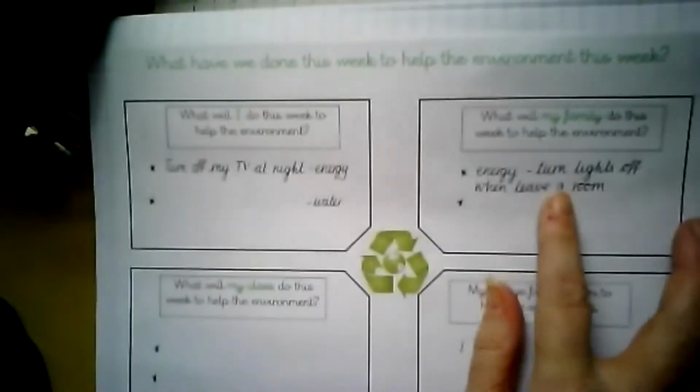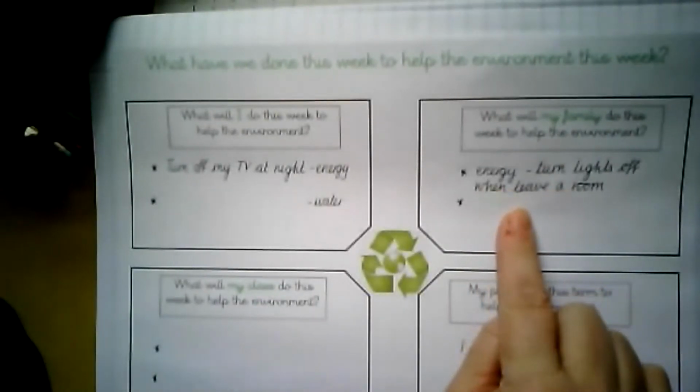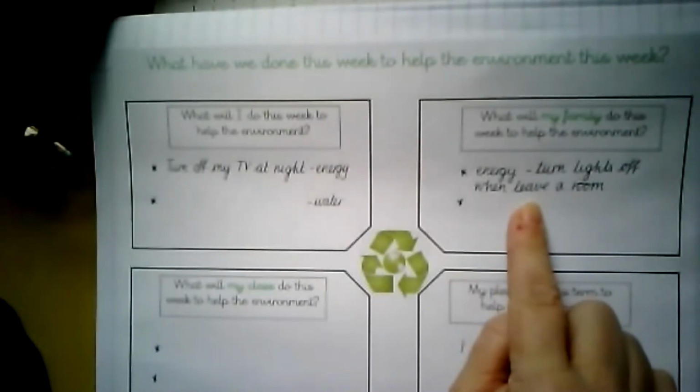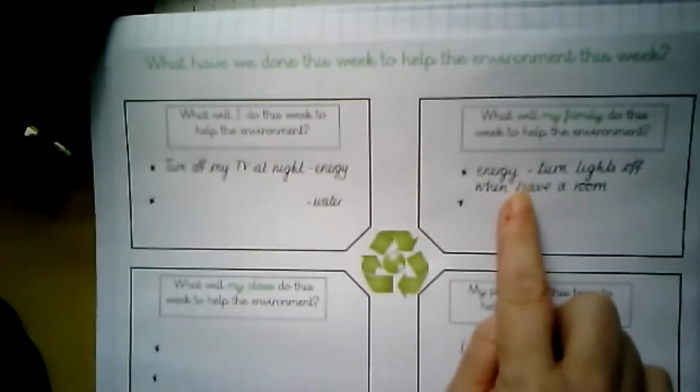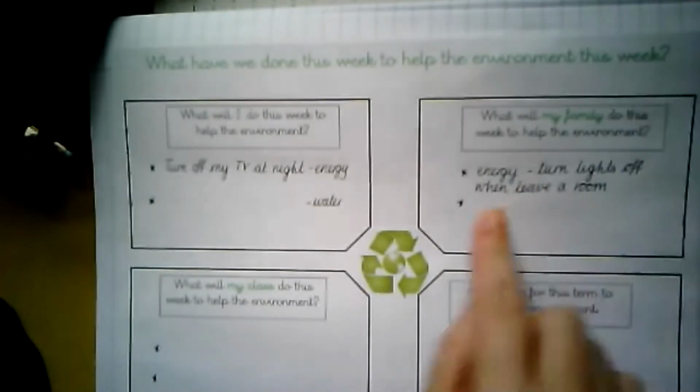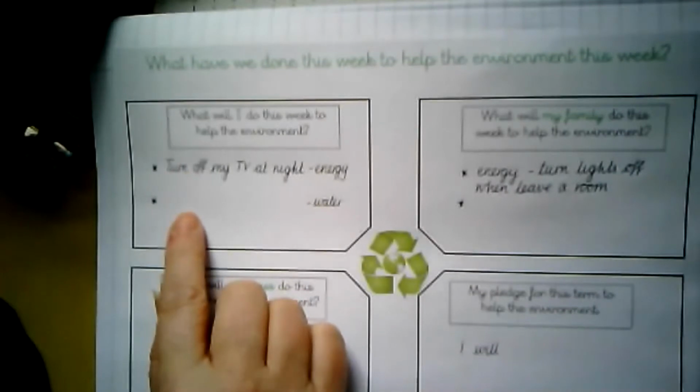As a family, to save energy, we could turn off the lights when we leave a room. My sister's always leaving lights on in her house. I'm forever going around telling her and turning them off just to save electricity. That's something we could do as a family. So maybe there's a couple of things you could do as a family, and a couple of things you could do yourself.